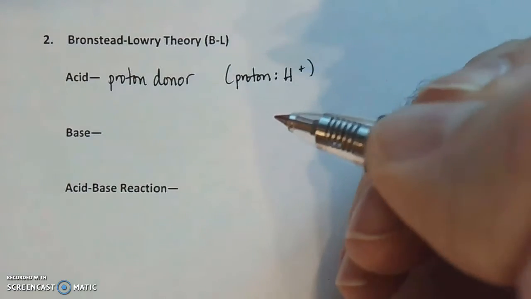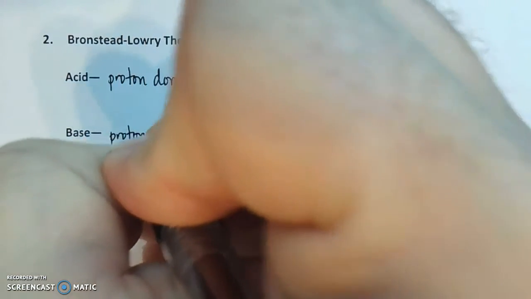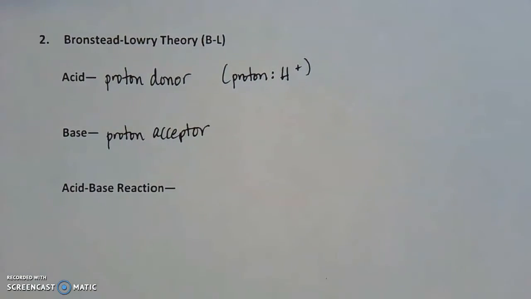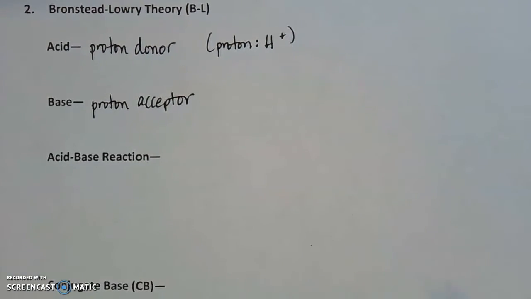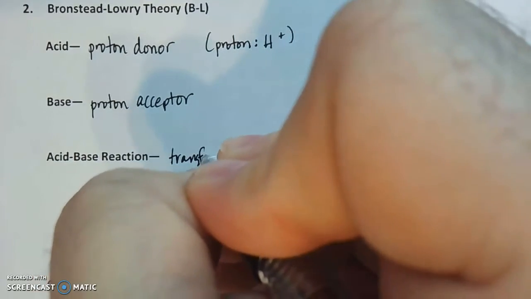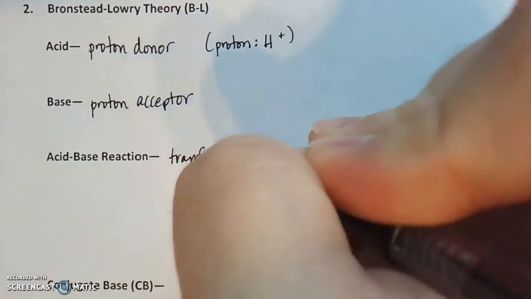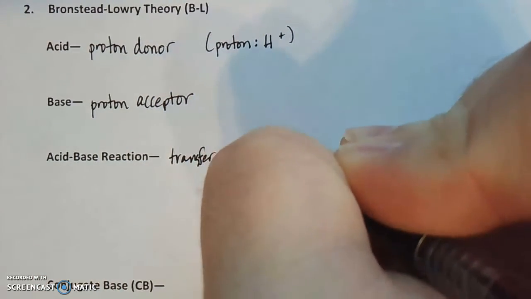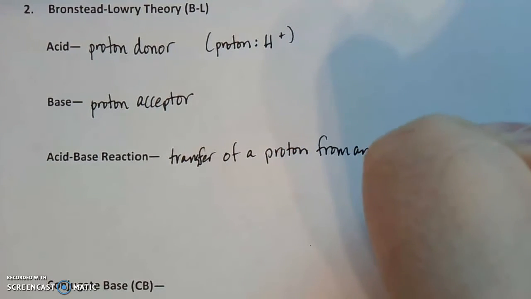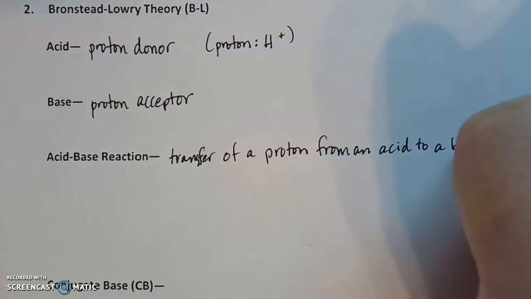Well, the something else that it donates it to is a base. A base is a proton acceptor. So in this, an acid-base reaction is defined as a transfer of a proton, an H+, from an acid to a base.